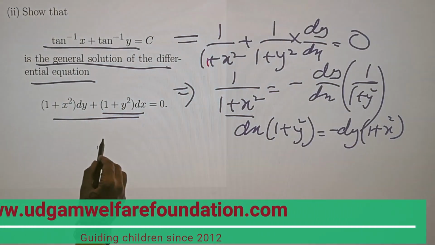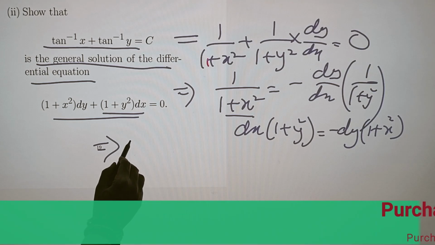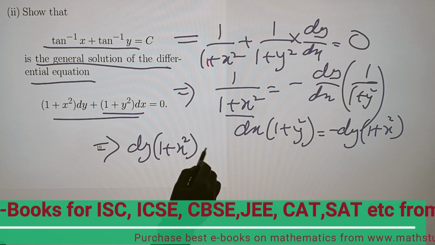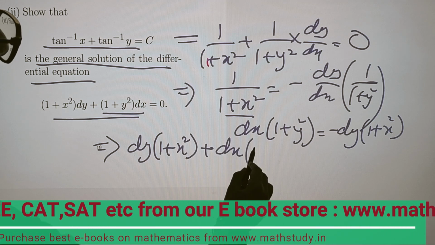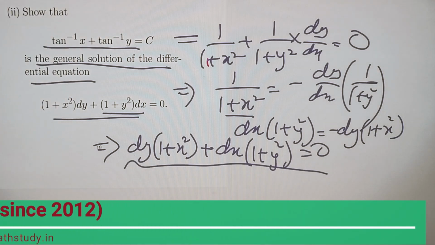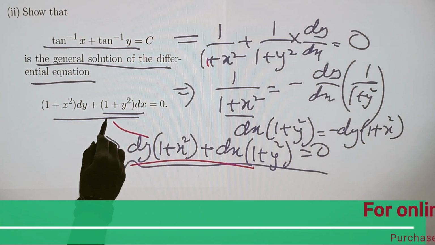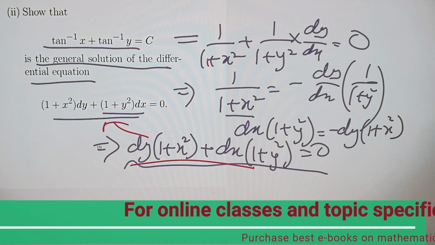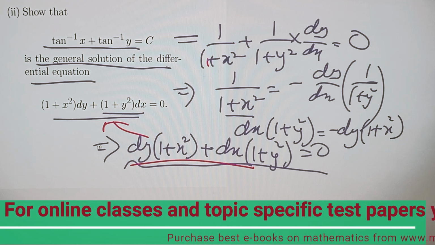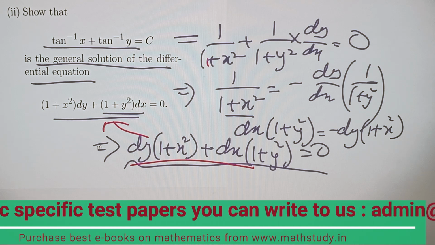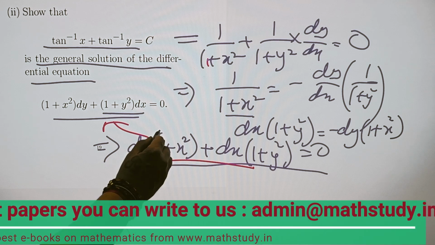This is very simple, and this implies dy into 1 plus x square plus dx into 1 plus y square equals 0, and this is our solution here. If we compare this with what we have to prove, dx into 1 plus y square, and with the dy we are getting 1 plus x square, and hence proved.